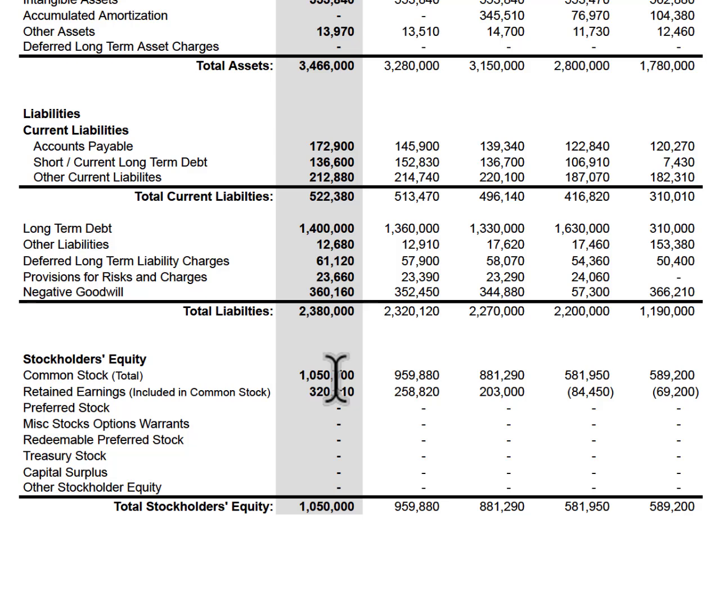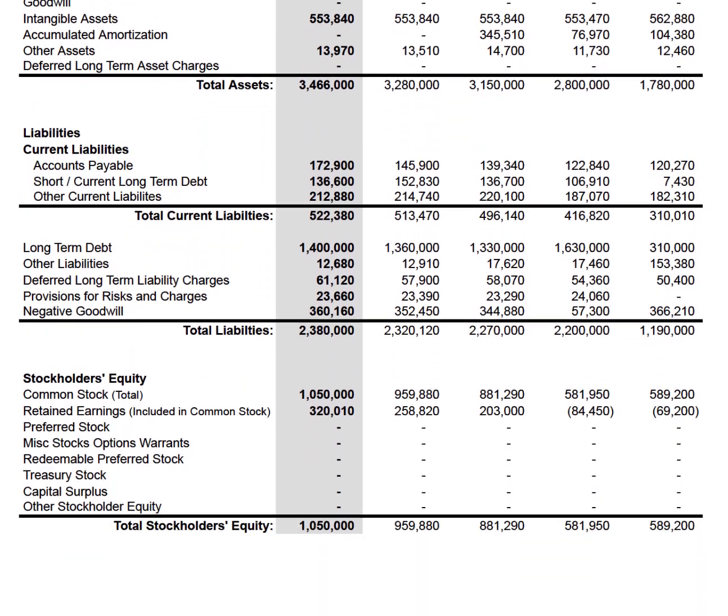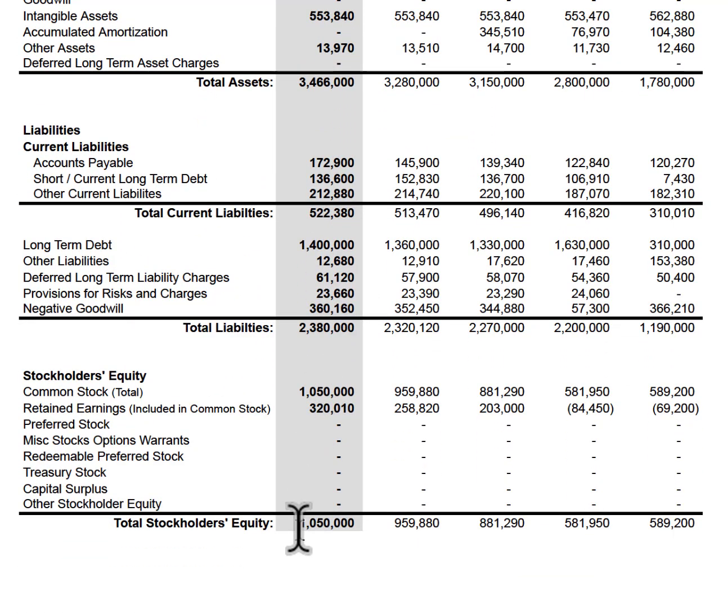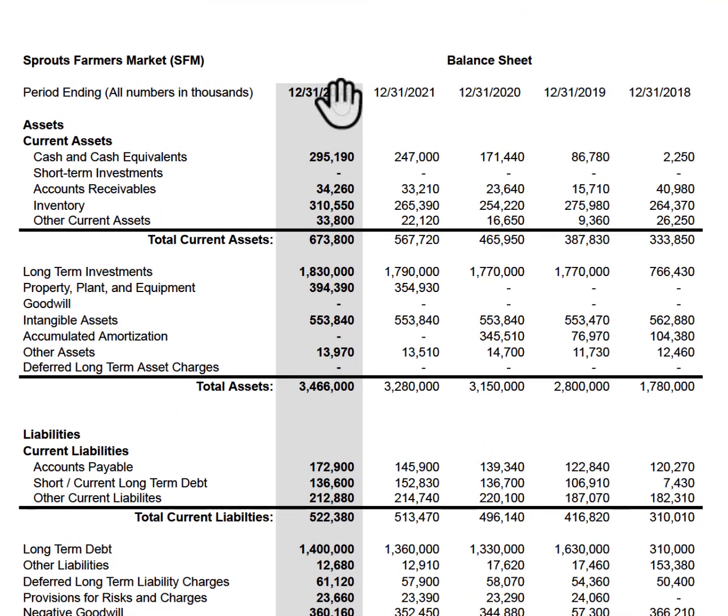What I've done is basically taken an amalgam from Yahoo and MarketWatch and other sources and made it more educational so that it's easier for us to begin with, because I'm not an accountant and I'm not about to go try to make it perfect. The accountants get paid good money for that. But you see, we take a snapshot. We take the assets minus the liabilities, and that gives us what's left over, the stockholders' equity. And we chart that through time, 2018 to 2022.